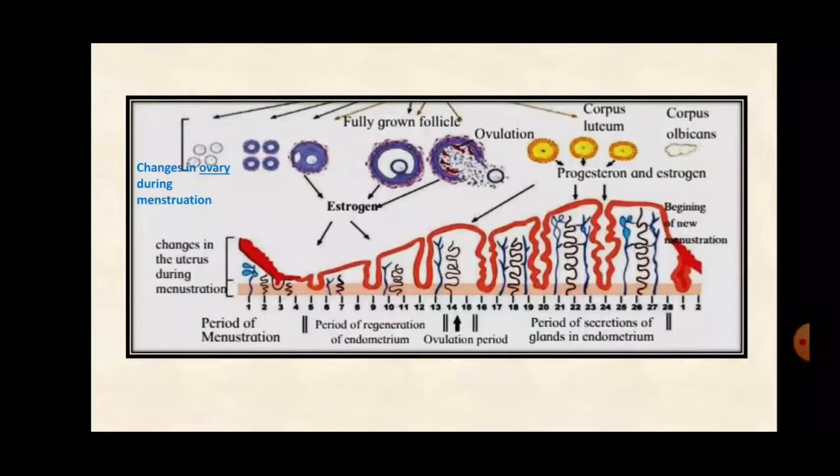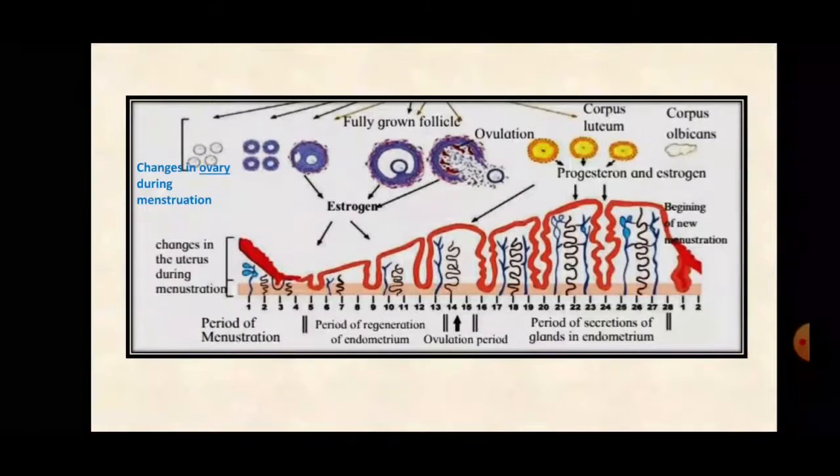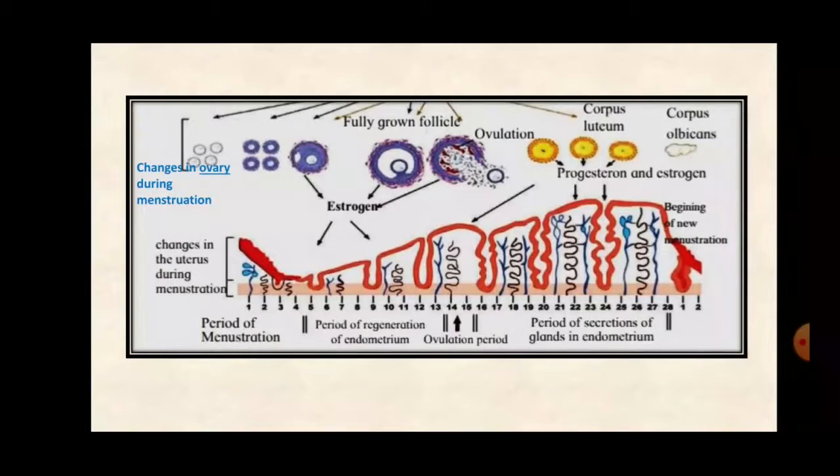Endometrium will not have its secretions, hence it will degenerate. Again the bleeding phase occurs. Okay, so this cycle goes on for approximately 28 days, and this is the menstrual cycle, which is very important for us to understand as well as study.